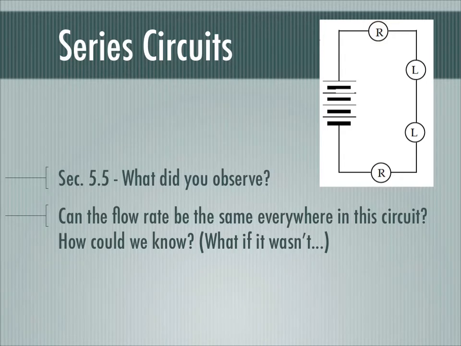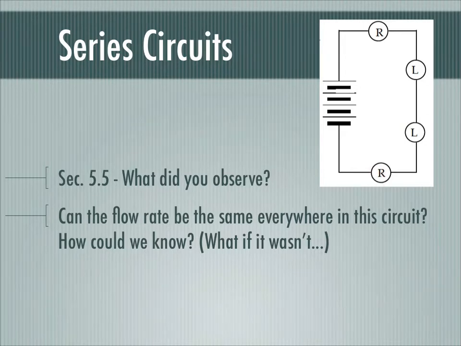This is a really important question. To answer it, we would first think about what if the flow rate wasn't the same everywhere in the circuit? What if the long bulbs had a high flow rate and the round bulbs had a very small flow rate?